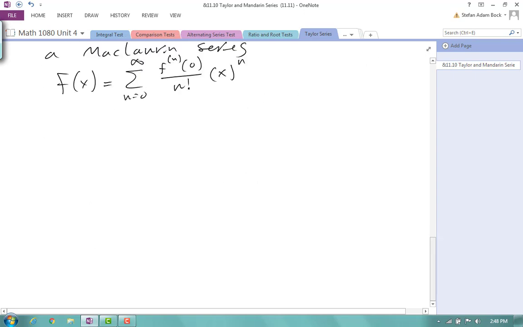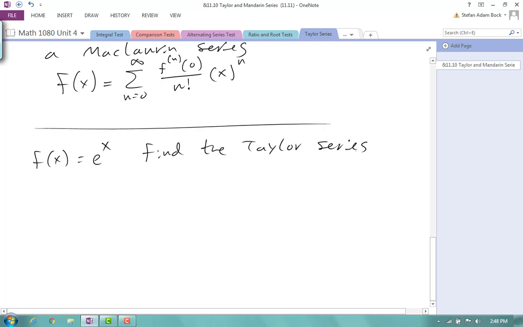And what this does is provide a really handy way for us to find a power series for any given function. So if I wanted to find a Taylor series for, say, e to the x, every Taylor series is going to have exactly the same formula for its construction. It's going to be the sum from n equals 0 to infinity.